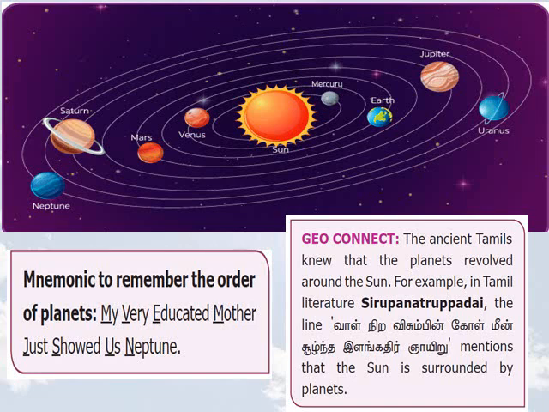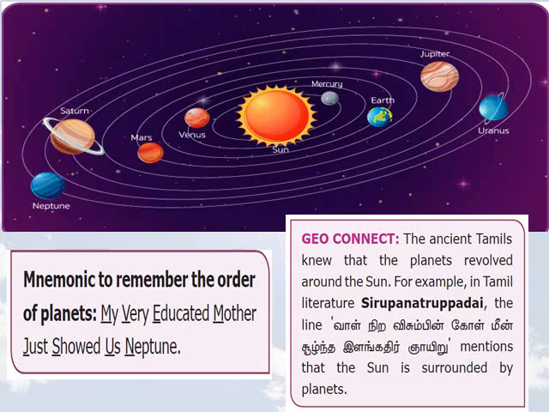Dear children, the ancient Tamils knew the planets revolved around the sun. For example, in Tamil literature, there is a collection of poems called Sirupanatru Padai, and in that, a line mentions that the sun is surrounded by the planets.